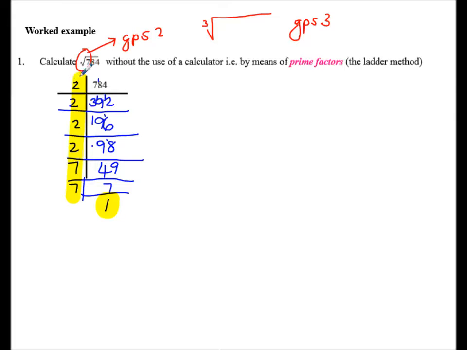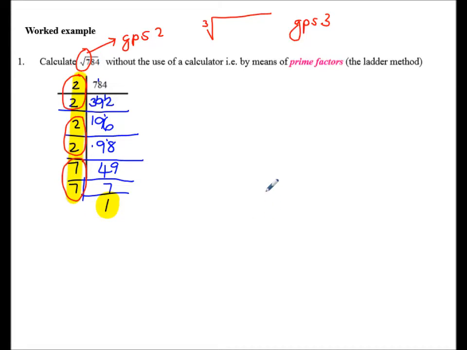So in other words, I've got 2 2s there. I group in groups of 2s. If you are unable to pair your numbers up when finding the square root, you know you've made a mistake. If you're asked to calculate a square root, then these factors will group into groups of 2s.